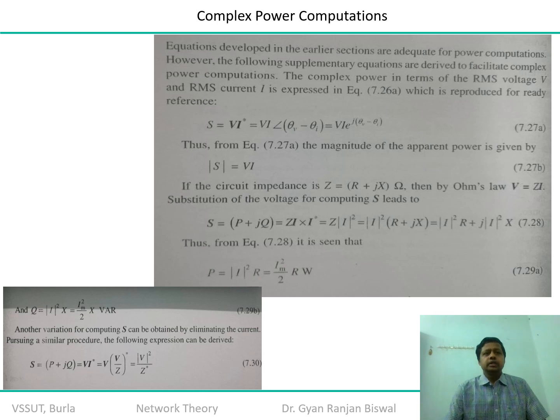So if you look at the complex power consumption, leading to Ohm's law, here you are going to follow V is equal to Z into I, in place of R, because we are dealing with complex power.